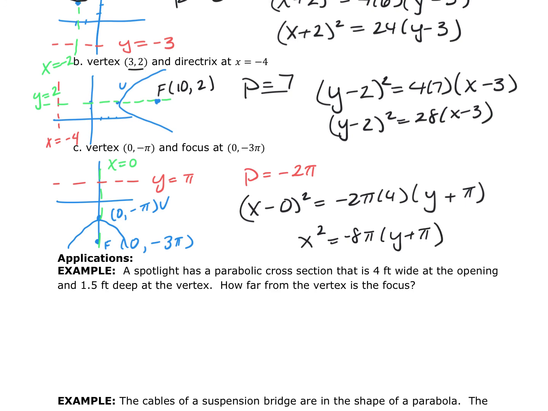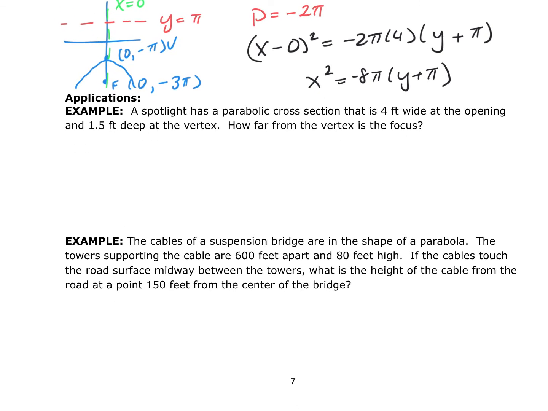Now let's take a look at a couple of these applications. A spotlight has a parabolic cross-section that is 4 feet wide at the opening. So I can orientate it any way I want. I'm going to orientate it so my vertex is right there at 0, 0, and this way because I like to have it this way.